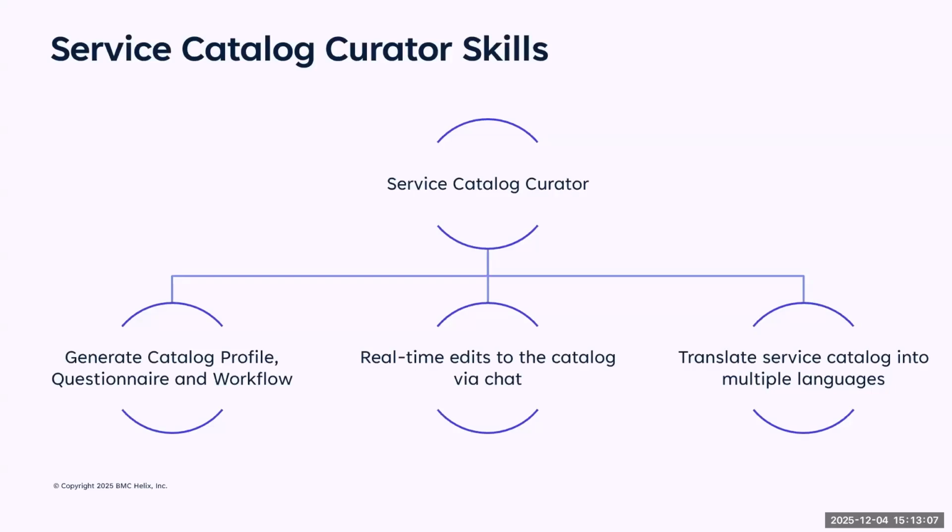No, I want to add this question. I want to remove this label or change the label. I want to add an approval, for example. All of these changes you have to do through natural language. And then the third part is translation. So I want my service in English. English is the default. In French, German, Spanish, Portuguese, whatever. So it is created.